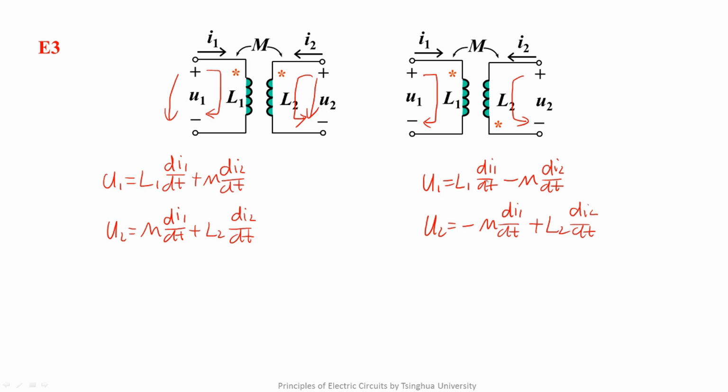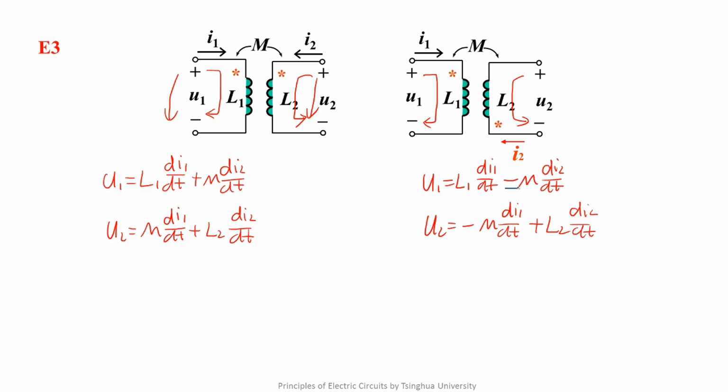For such a coil, if we mark its reference direction of the current in reverse, what will be the result? The self-inductive voltage has no change for coil 1, but for mutual inductive voltage, now the current flows from the dot. Then we write the KVL equation according to this path.